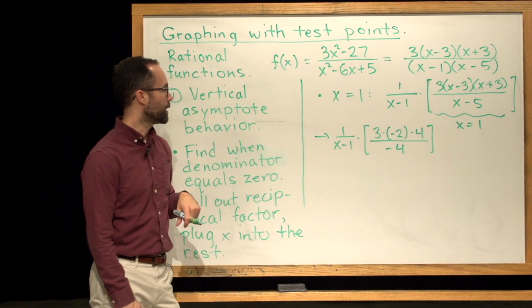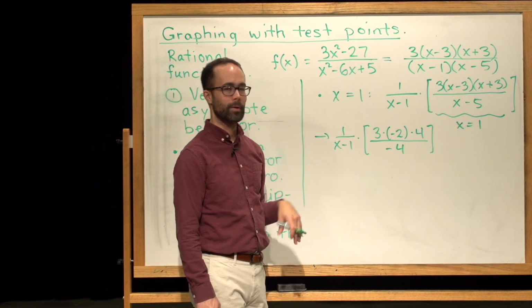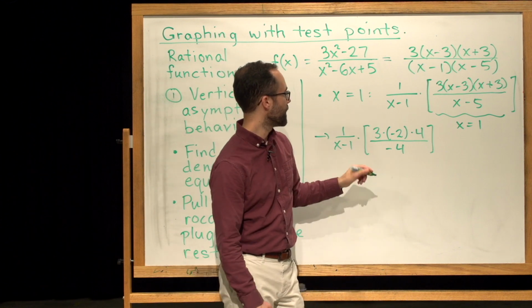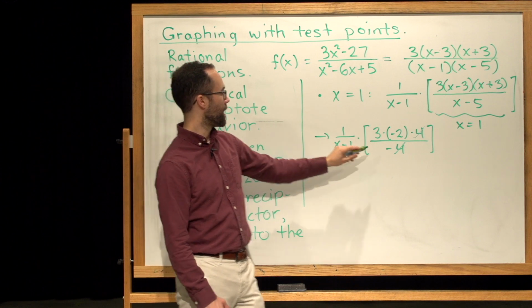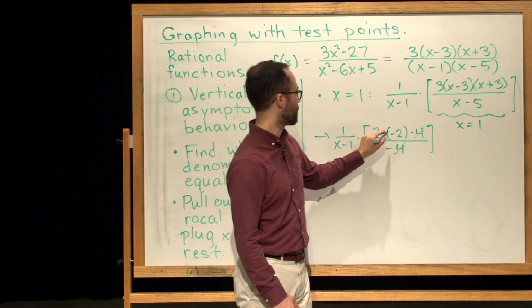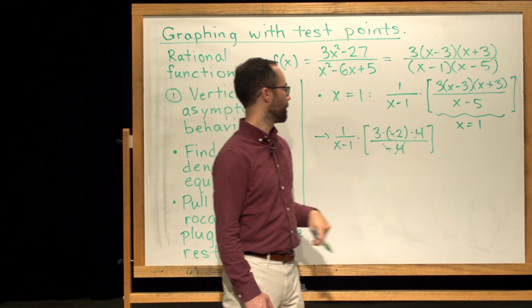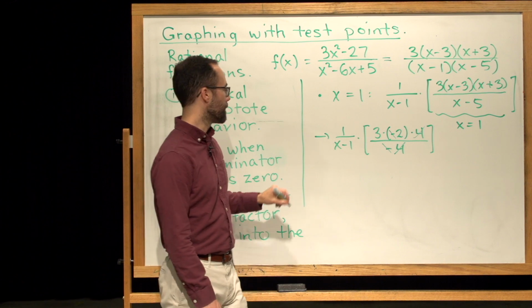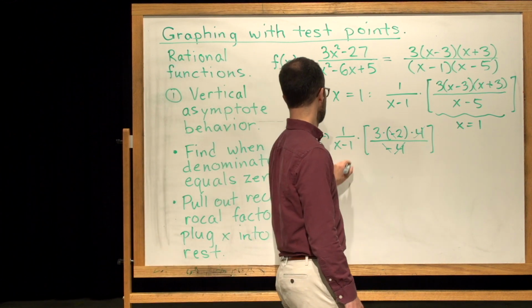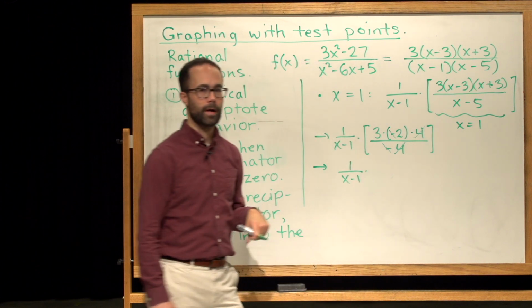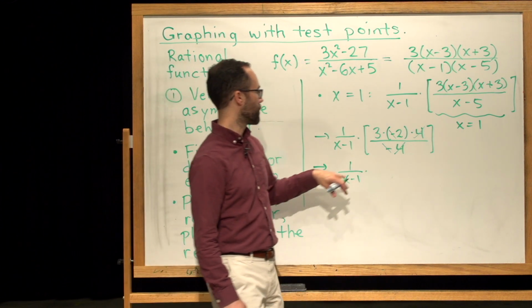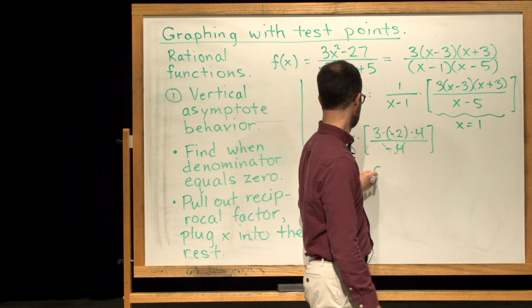So plugging it into the factored form gives us this jumble of numbers. But notice a few things. The 4's will cancel away. And there's a negative on the top and bottom. Those will also cancel away. So all that's left here is the 3 and the 2. So what we get out of it is the reciprocal factor, 1 over x minus 1 times 6.